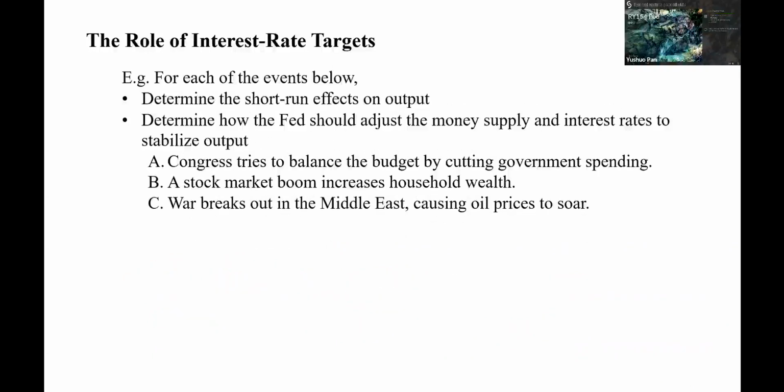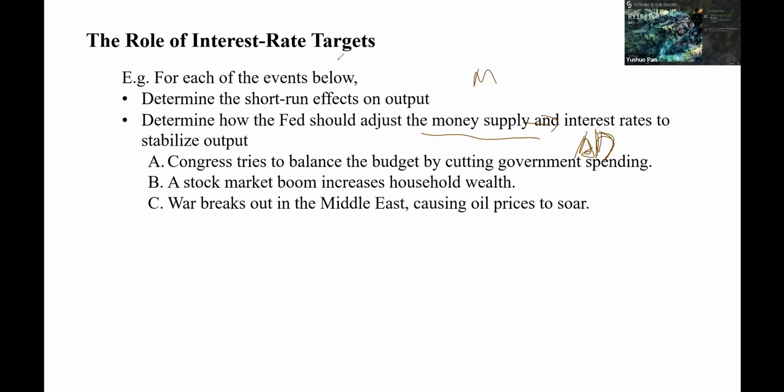For each of the events below, determine the short-run effect on output, and determine how the Fed should adjust the money supply and the interest rate to stabilize the output. Remember what we learned from the last slide? The only aim for the money supply is to determine the interest rate, to increase or decrease the aggregate demand curve.